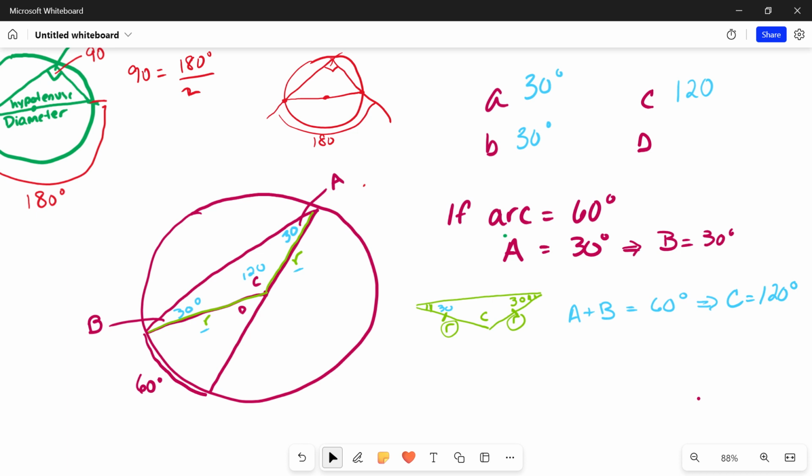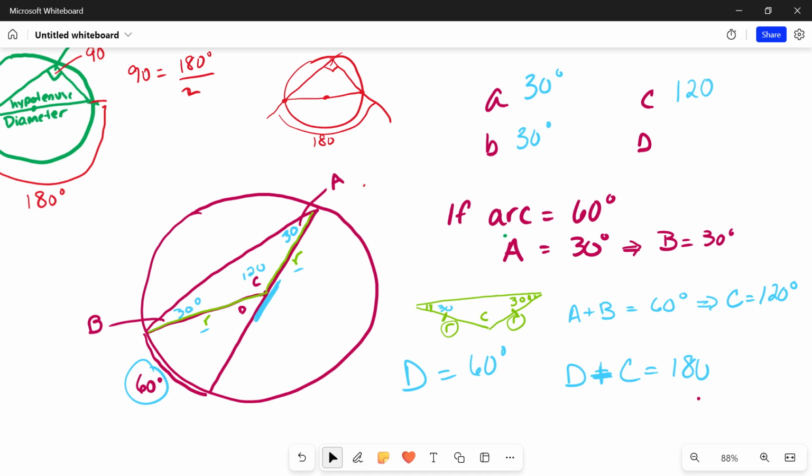All right. We also can think about D two different ways. For D, we know that this arc is 60. If that arc is 60, then D has to equal 60 degrees, right? We also know that D plus C have to equal 180 degrees because we can see they make a straight line right here.